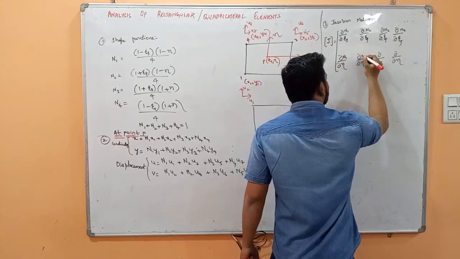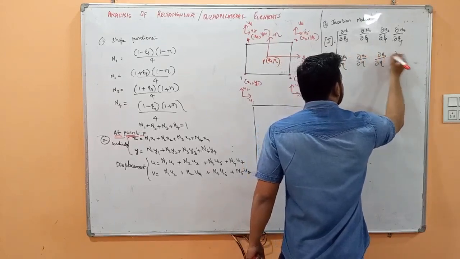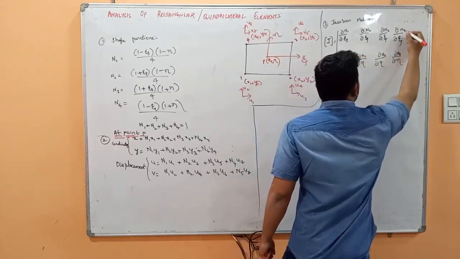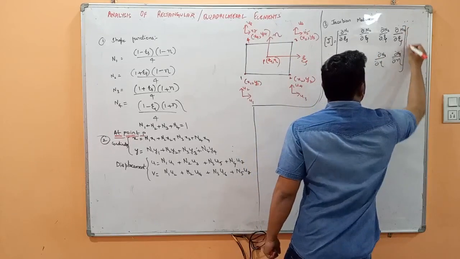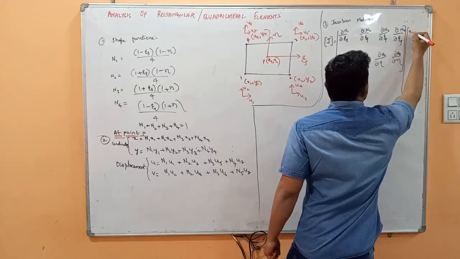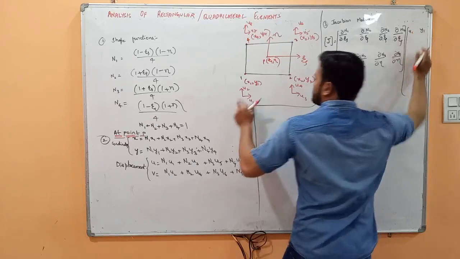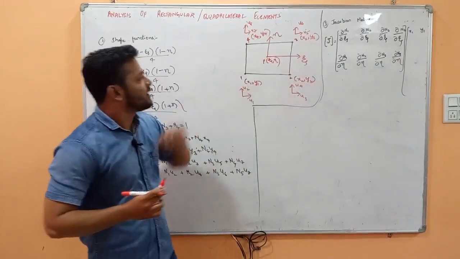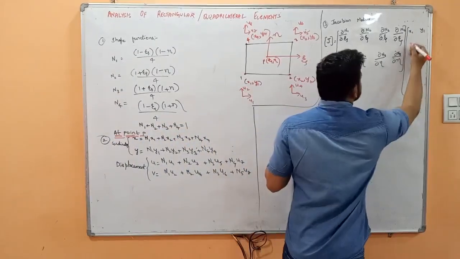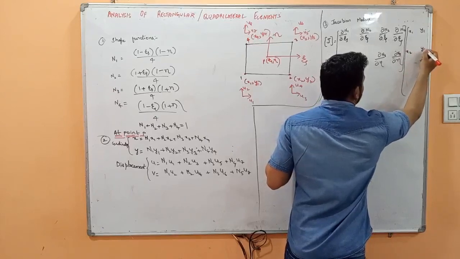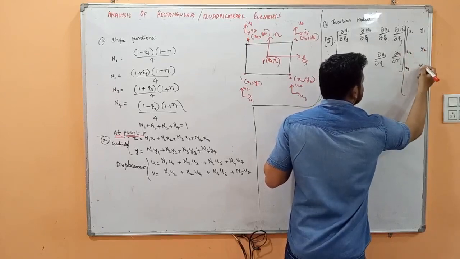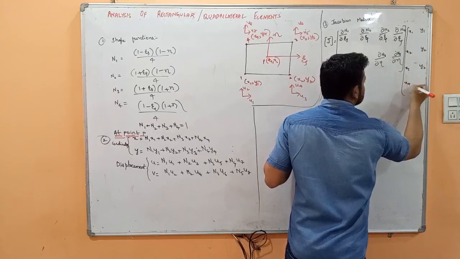Again N1, N2, N3, N4 multiplied by this matrix x1, y1. These coordinates are also given in the question. So x1, y1 will be given in the question: x1, y1, x2, y2, x3, y3, x4, y4.